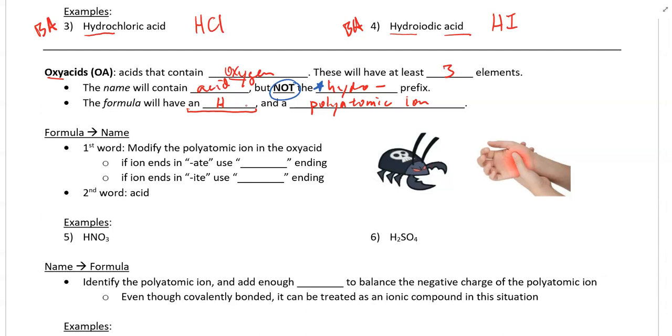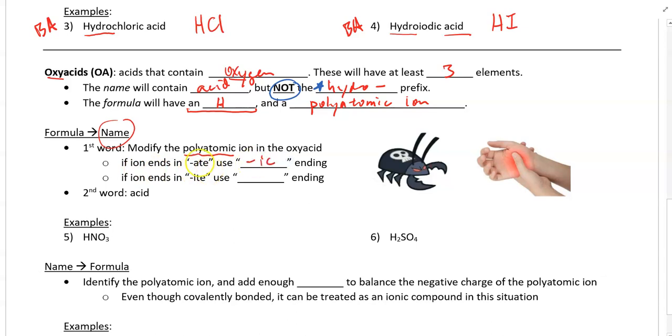Let's do some practice. Switch it from formula to a name. If we look at the system right here, focusing on how to write the name out, the first word, what we're going to do is take whatever polyatomic ion is in there. So the key here is identifying the polyatomic ion. We're going to modify it by looking at the ending. So if the ion ends in ate, we switch it to ic.